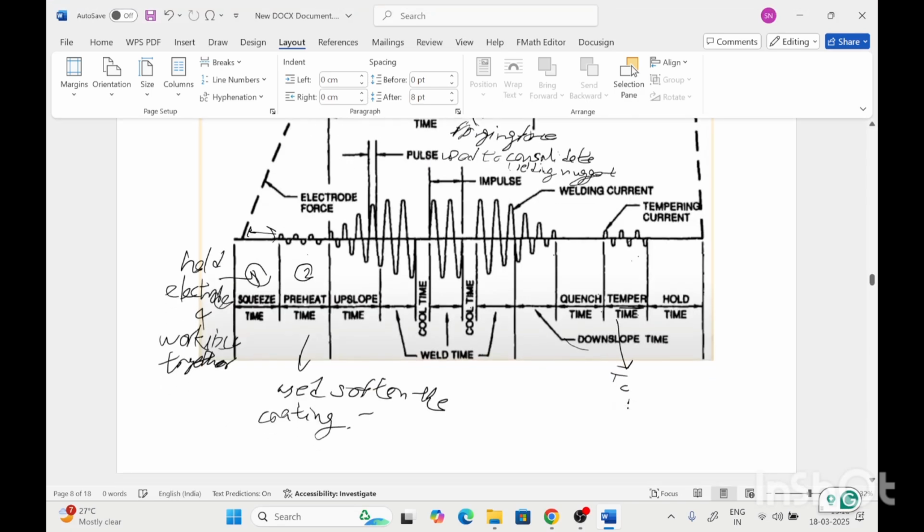This tempering is done at low temperature to modify the welding microstructure.